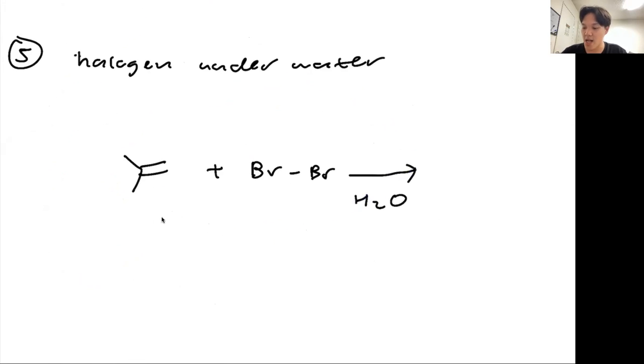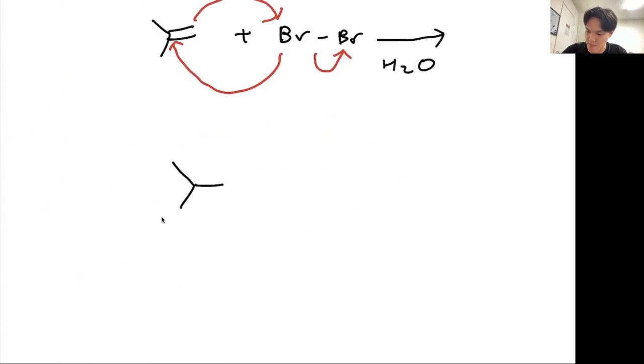Again, whenever you see a halogen, this carbon on the end is going to attack the bromine. This bromine will attack the carbon that the other carbon's not attacking, and then this bromine will leave. And then we form a bromonium, epoxide-like structure, and Br-, and we cannot forget our water, H2O.